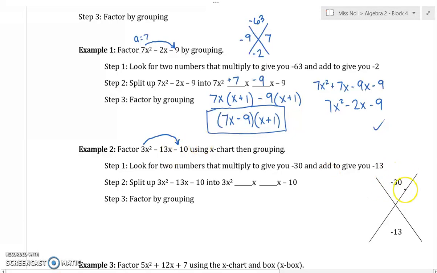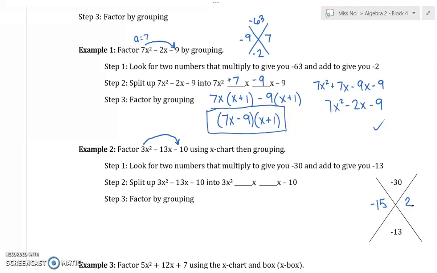We have negative 30. We're looking for numbers that multiply to that and add to the b value, negative 13. That would be negative 15 and positive 2, which multiply to negative 30 and add to negative 13.